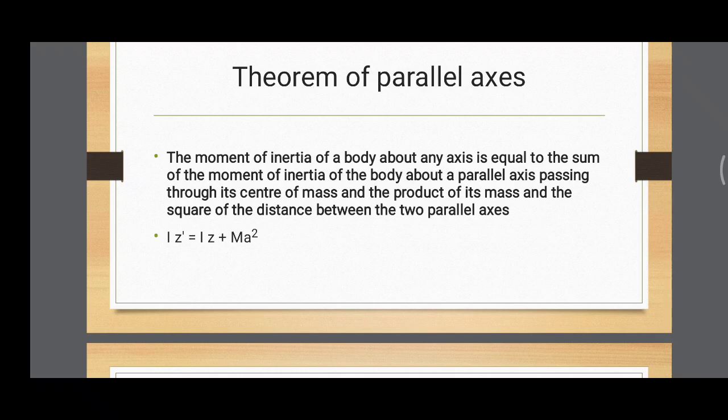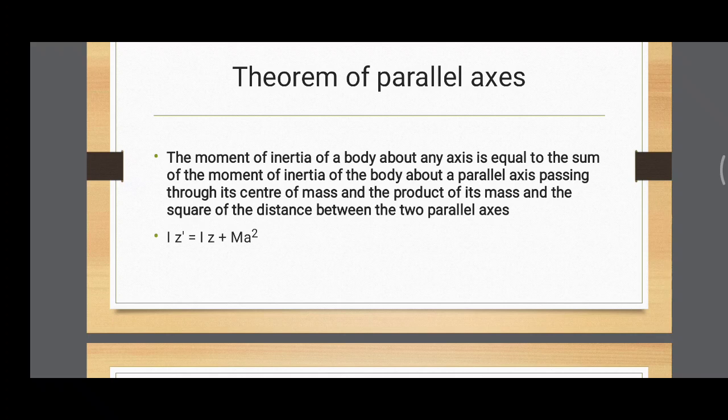It is not necessary that the body should be planar. Then the moment of inertia along any of the axes will be equal to the moment of inertia of the axis which is passing through the center of mass and which is parallel to this particular axis.